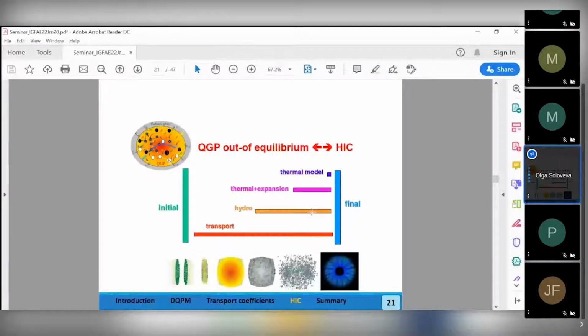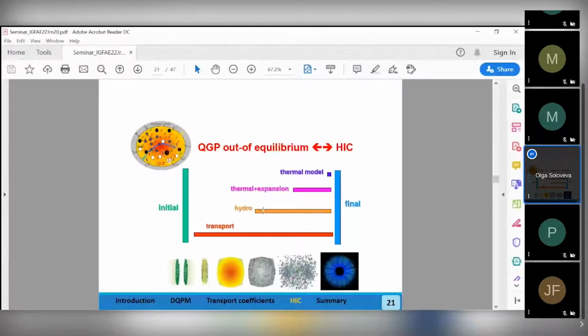So in order to consider an out-of-equilibrium situation, we will study the simulation of heavy ion collisions. An interesting point is that you can study heavy ion collisions using different methods. For example, here I depicted a hydro model.